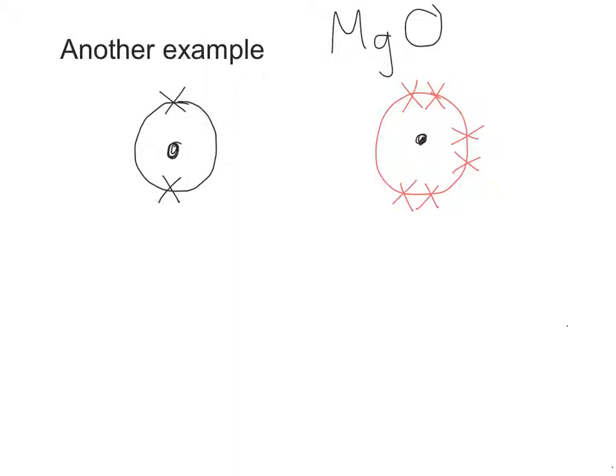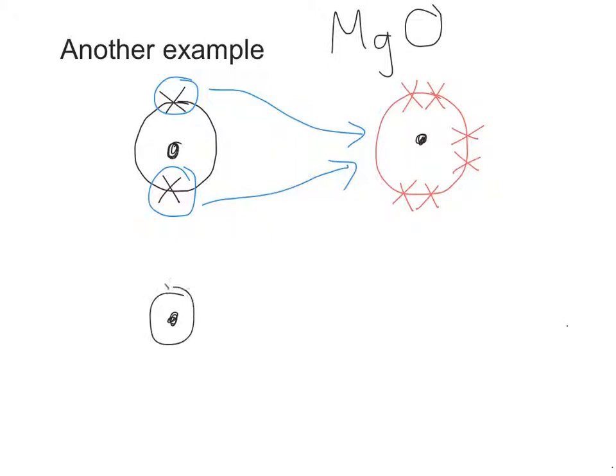Now, with regards to this one, obviously magnesium will lose its outer 2 electrons to oxygen. That then means magnesium has a full outer shell. It has the 2 in its first shell and it has the 8 in its second shell.